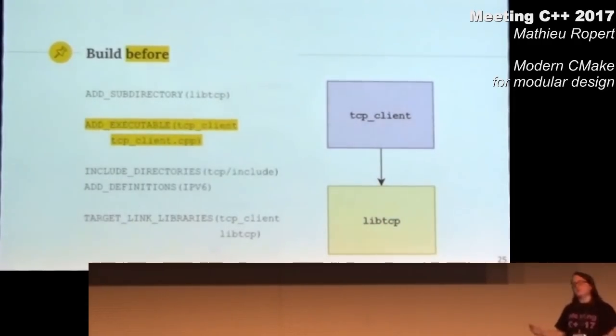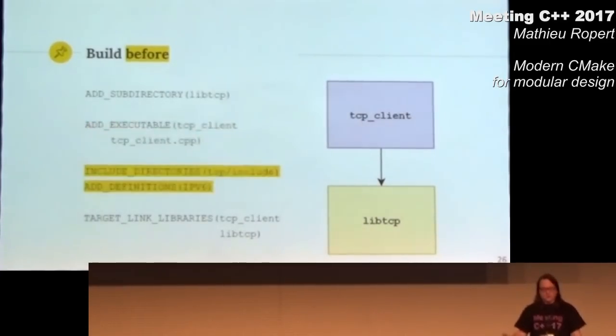All right. Then you say, now I have to define my dependencies because else it won't compile, it won't find them. So you say, okay, but, well, the include directory is obviously under libTCP, so you go to TCP/include to say the dependency is there for the header files.